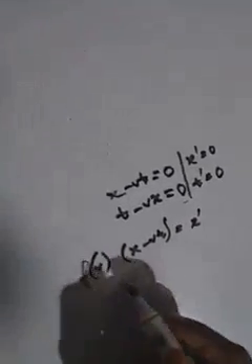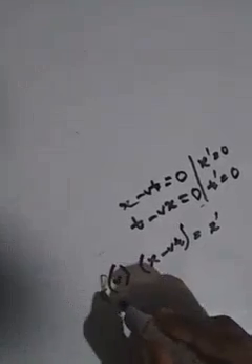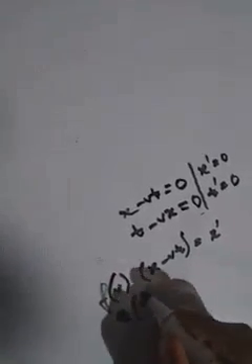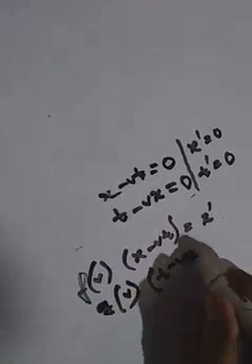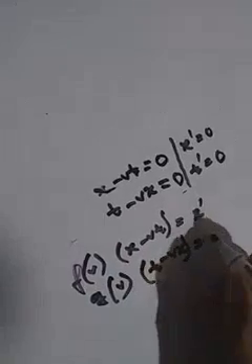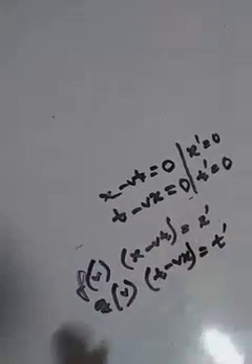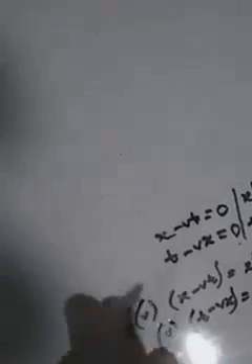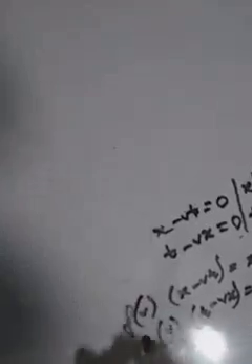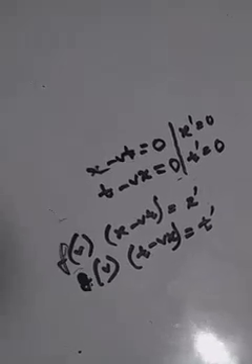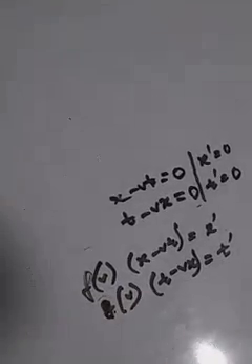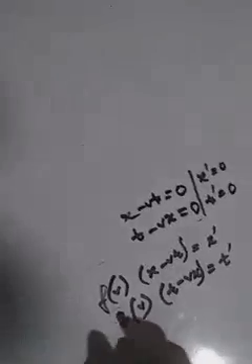So f(v) in the linear term, that becomes 0, and g(v) into t minus vx is equal to t dash. Okay, then f(v) and g(v), t minus vx is equal to t dash. So what we observe is the same thing.